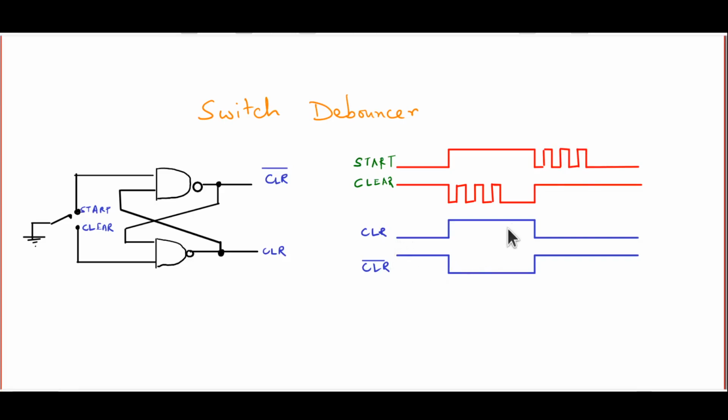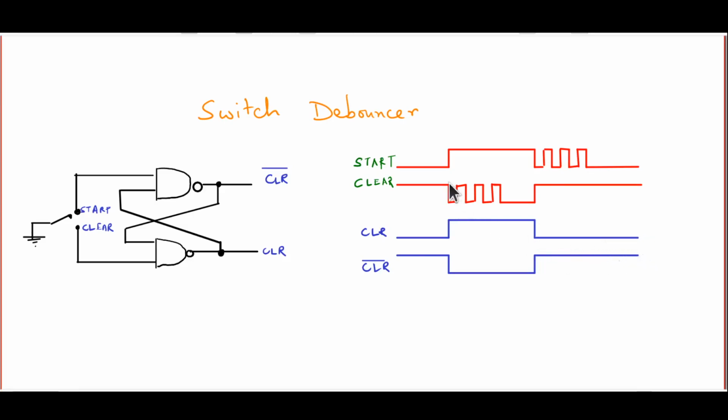However, the first time start goes low and clear goes high, that sets the output CLR to low and CLR bar to high. And after that, when both inputs go high, even when the switch is bouncing, that again is a memory state. So the output just remembers what it was. So CLR stays low, CLR bar stays high.